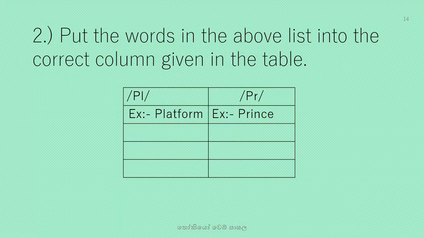So I will give you 2 minutes for the first set of words. In the first set of words, we had 16 words. So take 2 minutes and put down these 16 words into either the first column or the second column of these two tables.